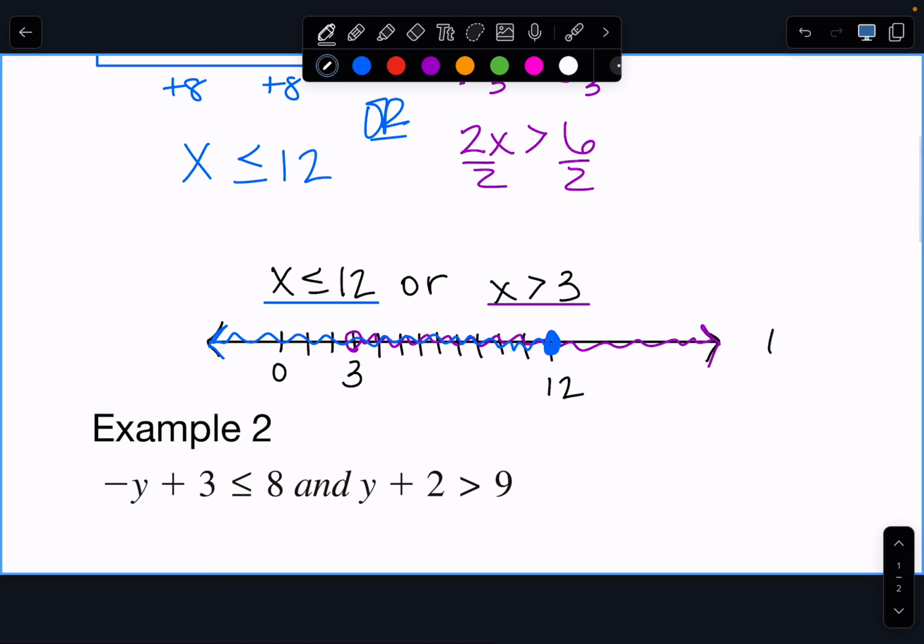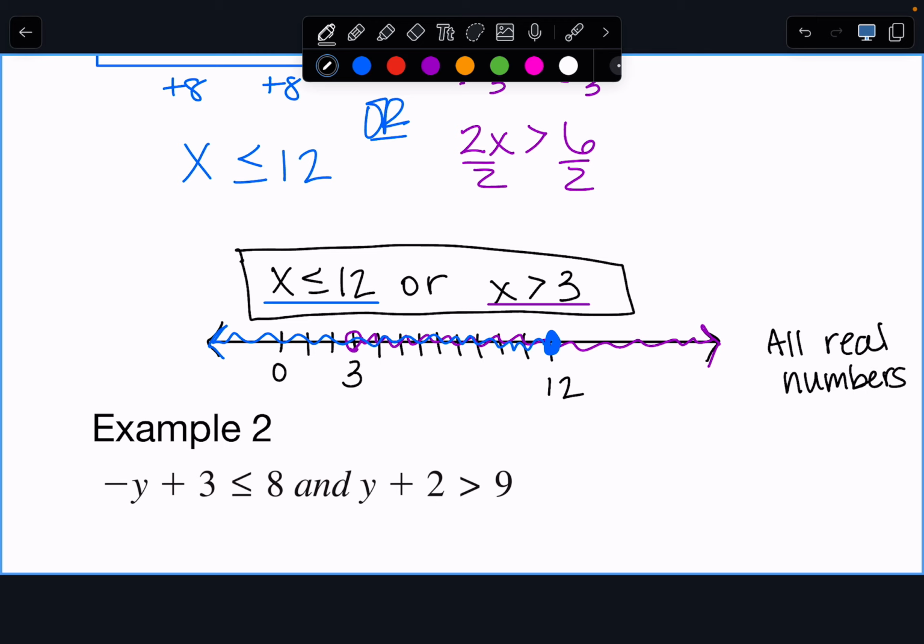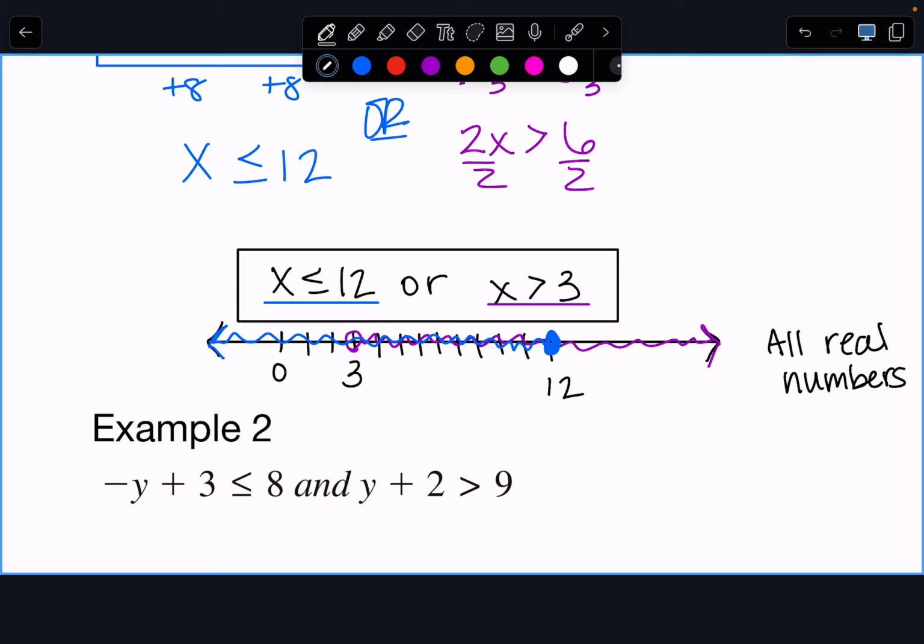So we would say that this is all real numbers. Every single number we could even begin to choose would satisfy x is less than or equal to 12 or x is greater than 3. It needs to be in blue or purple. That covers my whole number line. Any number is going to work.